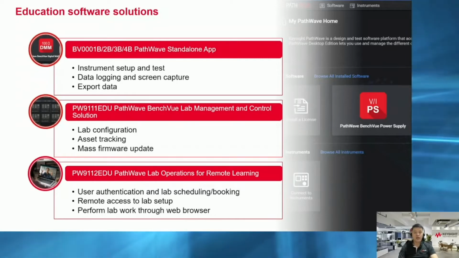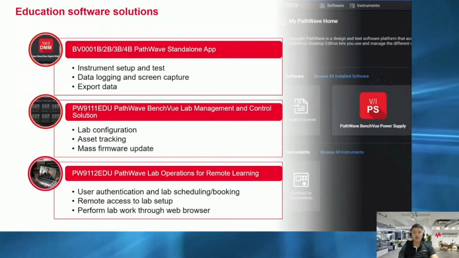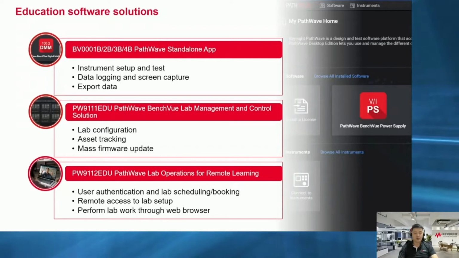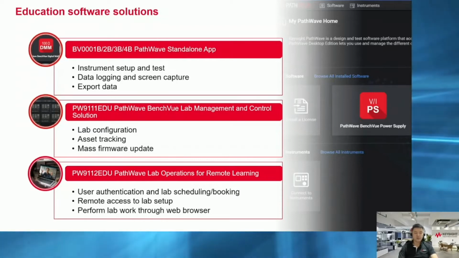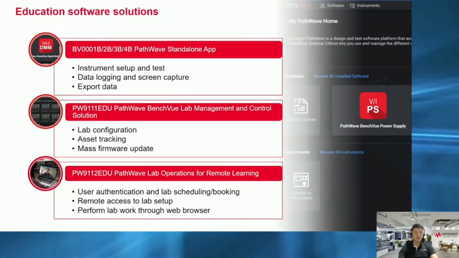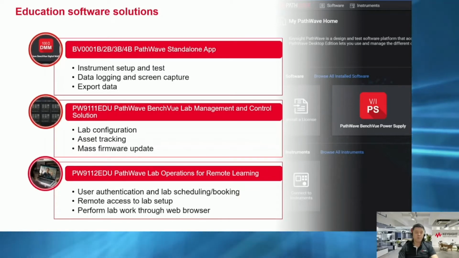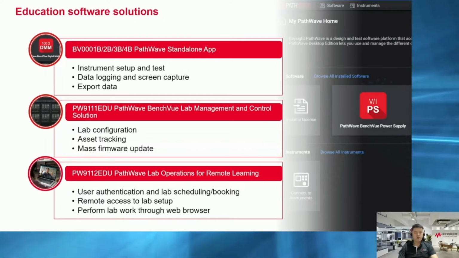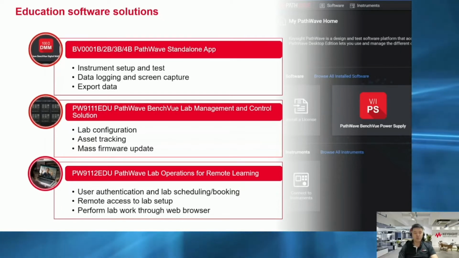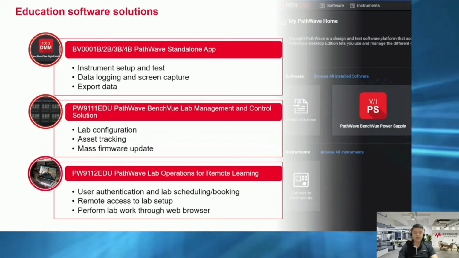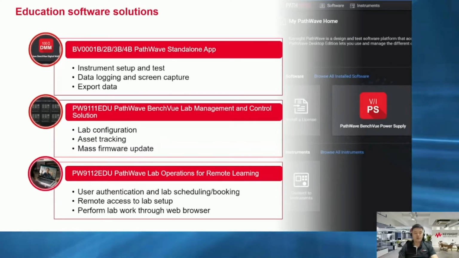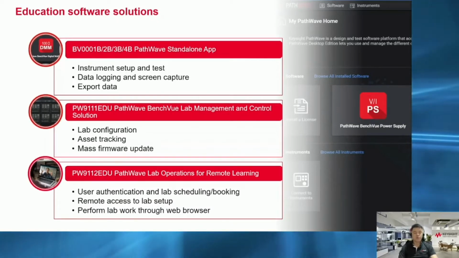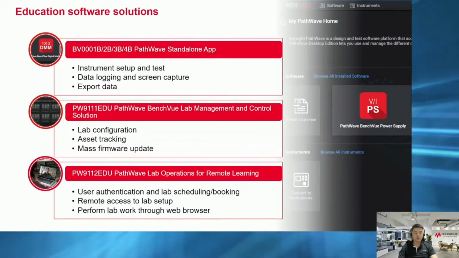For the PathWave Lab Manager software, it allows the lab admin to configure and set up the teaching lab and track access easily. Besides that, it allows the lab admin to do a mass firmware update, because you can imagine if in a single lab you have installed or configured more than 10 sets of instruments, and when you do the firmware update, you have to go one by one, and the time you spend is hours or a day.